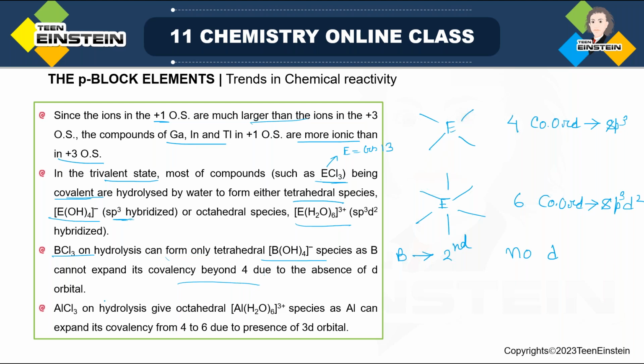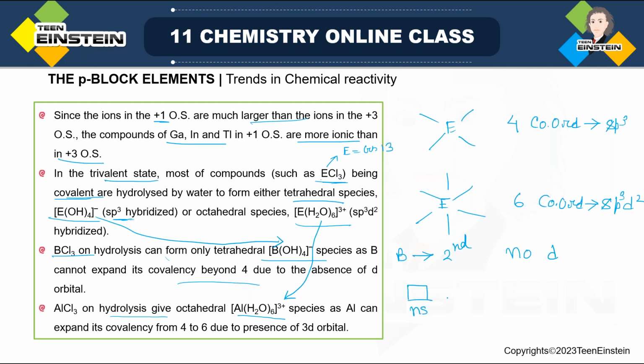What about AlCl3? When it is AlCl3, on hydrolysis, it can give an octahedral species like this. So see, it is matching with the E(H2O)6 3 plus species. Because aluminium can expand its covalency from 4 to 6 because of the presence of 3d.